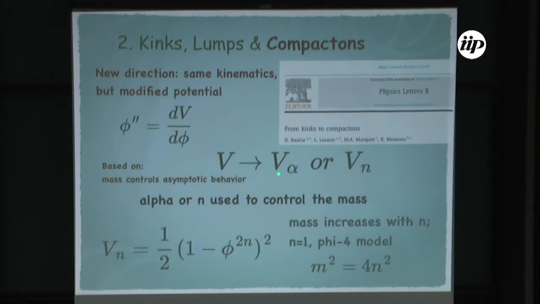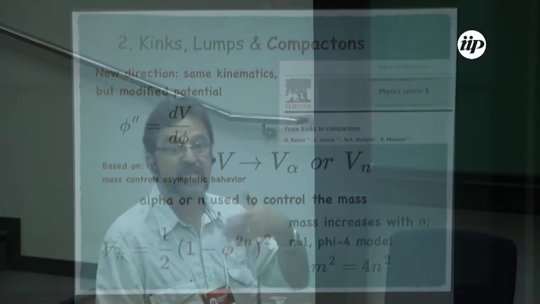One driven by alpha, which is a real parameter, and the other driven by n, which is an integer parameter. The model with n is here, explicitly. If n is 1, this is the phi-four model. So I'm getting an extension. You see what I'm doing? I'm modifying the way the field self-interacts.